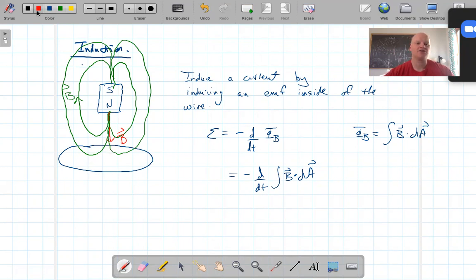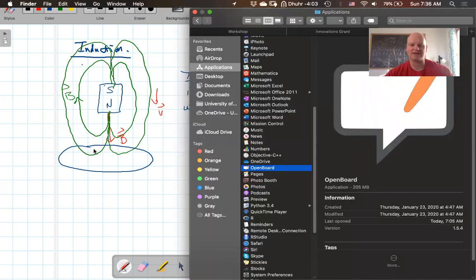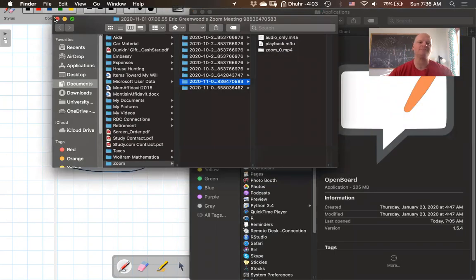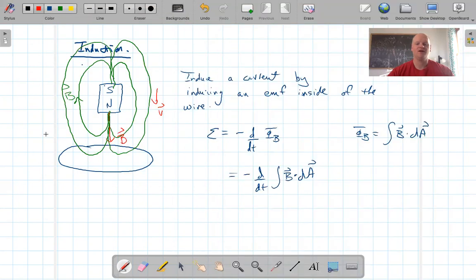But as I start to move my magnet downward, say in this direction with a velocity v, at a later time more of these magnetic field lines are going to burst through this area, which means the flux has increased, causing more magnetic field lines to pass through this particular area, which then causes the flux to be changing.